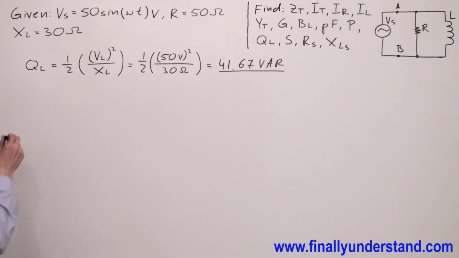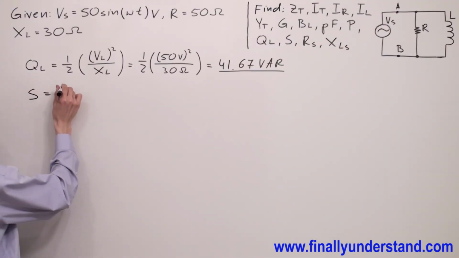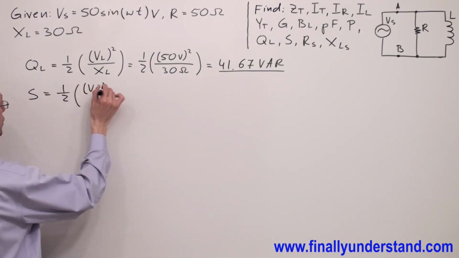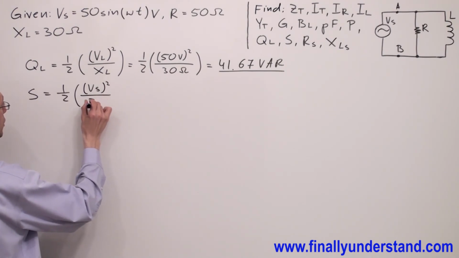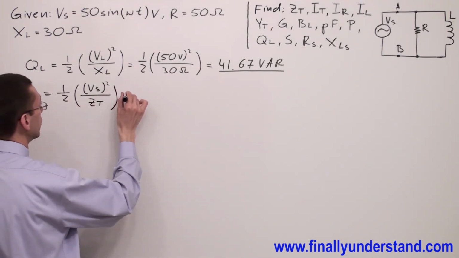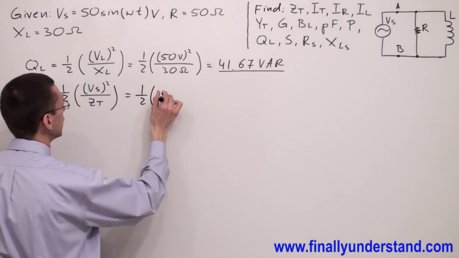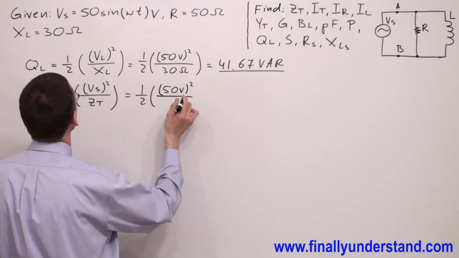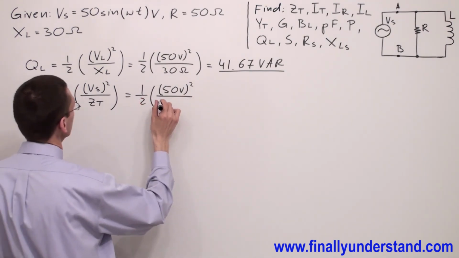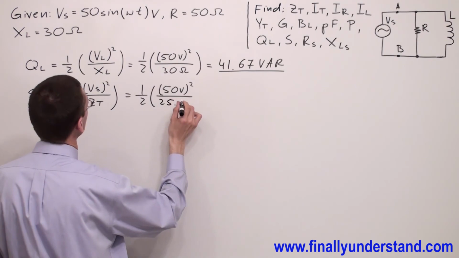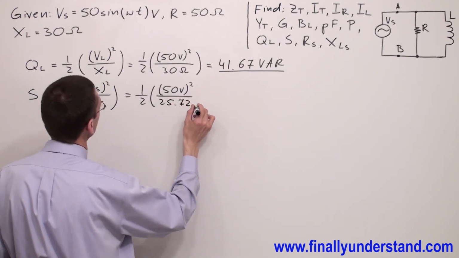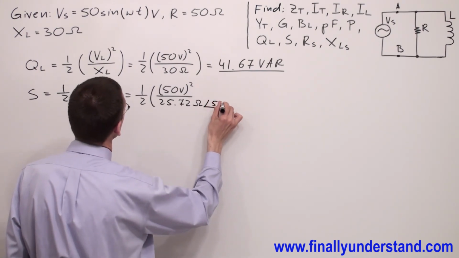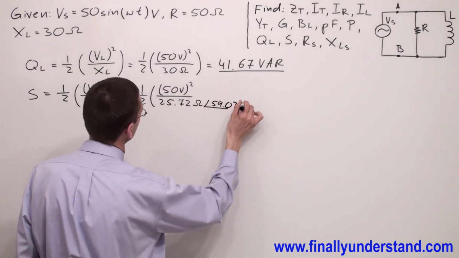Next, we're supposed to find the apparent power. S is equal to 1/2 voltage source raised to the second power over Z total, which is equal to 1/2, and I have 50 volts raised to the second power over Z total, which is equal to 25.72 ohms, and angle of 59.03 degrees.